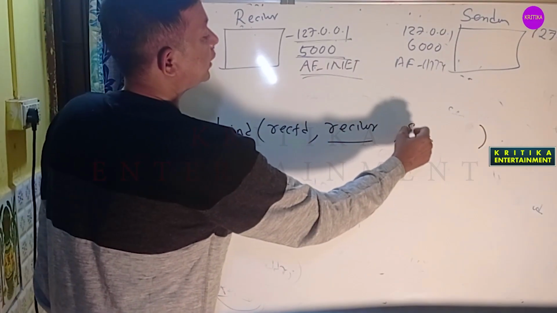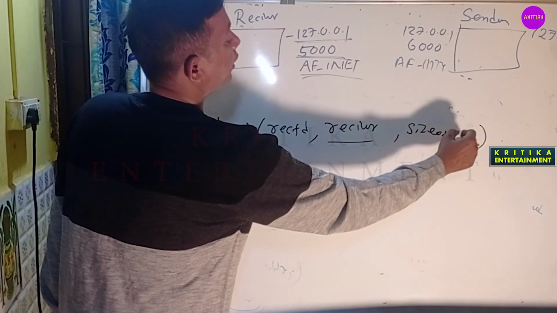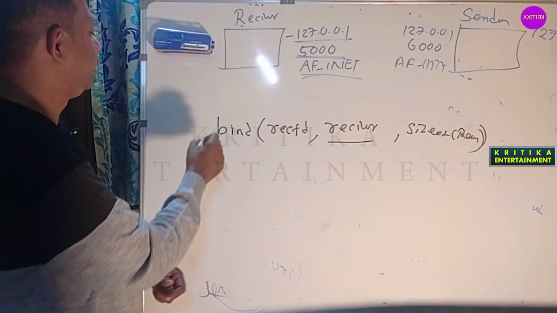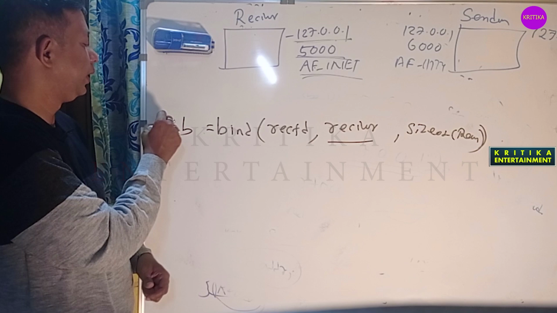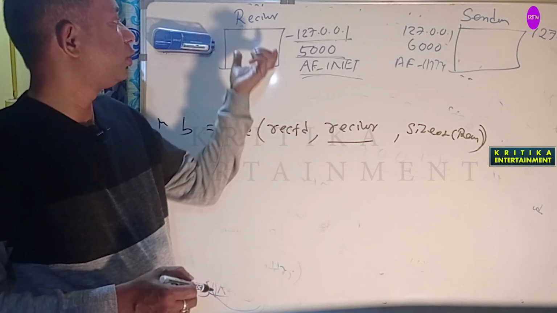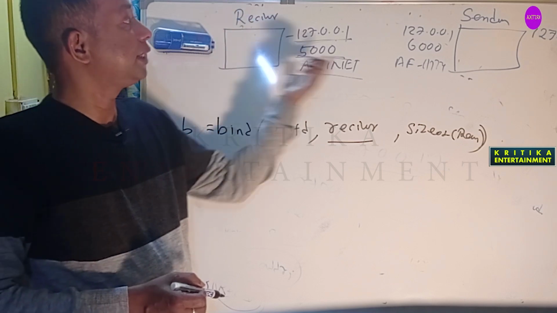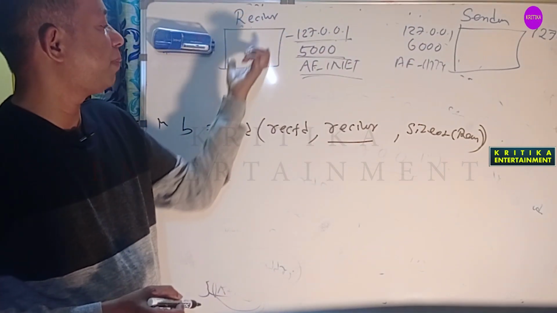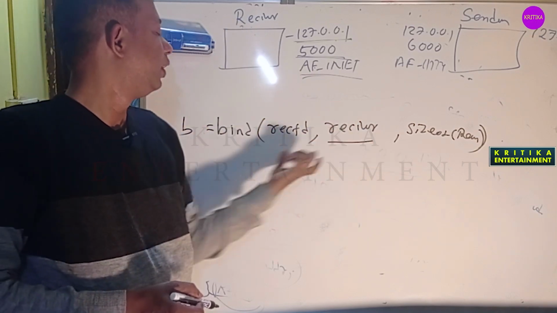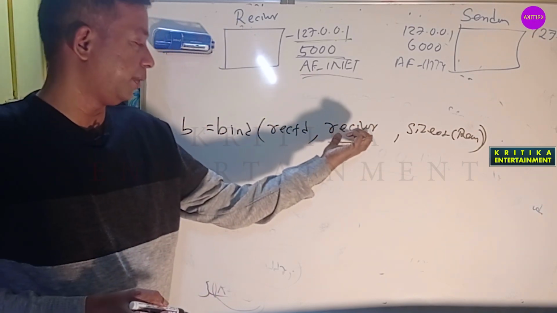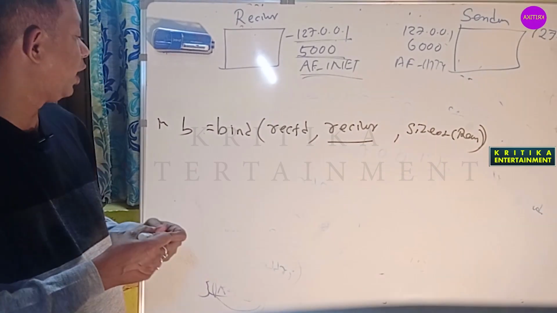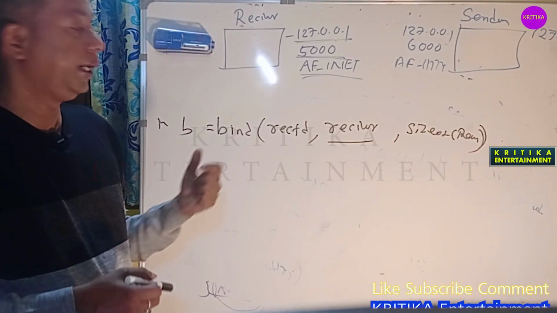Then what is the size of the receiver? Size of receiver. Okay. So I will write this is equal to int b. Then you see, this is the receiver. So the receiver should run first so that the sender will send the message. So the receiver first makes a process. So I will declare here the receiver structure variable. Okay, so here see, then I'll check what is the return type of b.